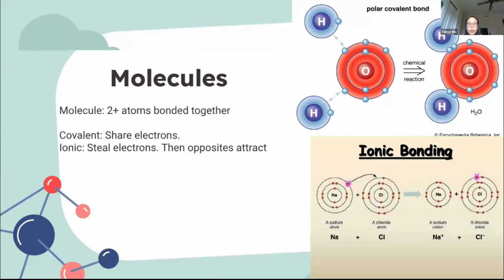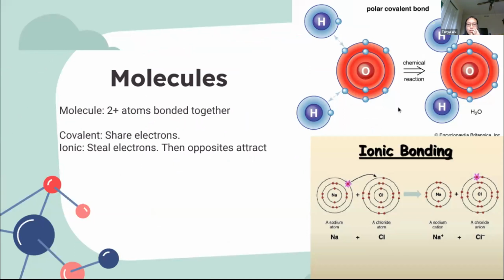So there are multiple ways that an atom could try to obtain this electron configuration. A molecule is 2 atoms bonded together. Covalent molecules share electrons.